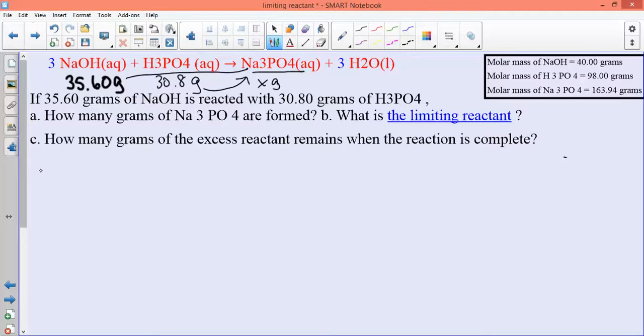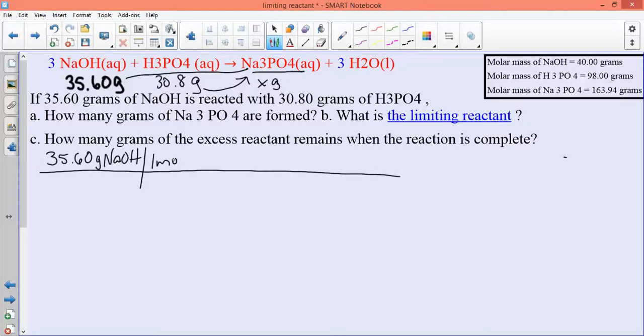So we'll do sodium hydroxide first. 35.60 grams of sodium hydroxide. We have to change it to moles first. So in 1 mole of sodium hydroxide, there are, I have it written over here, 40 grams.